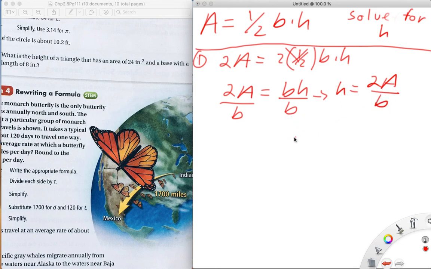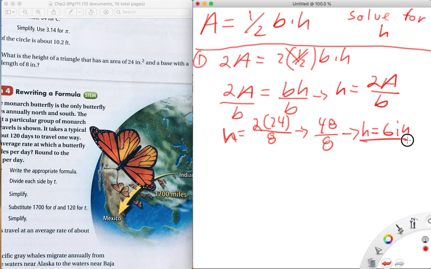Then I can substitute. The area is 24, so 2 times 24, and the base is 8. 2 times 24 is 48. 48 divided by 8 is 6. So the height equals 6 inches. So that's one way to do it.